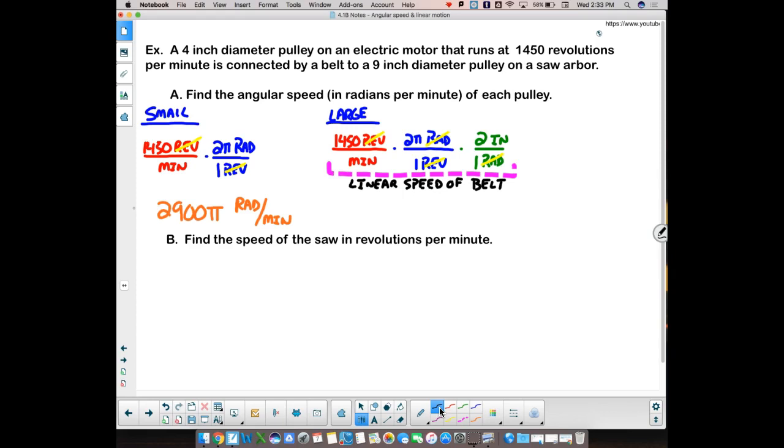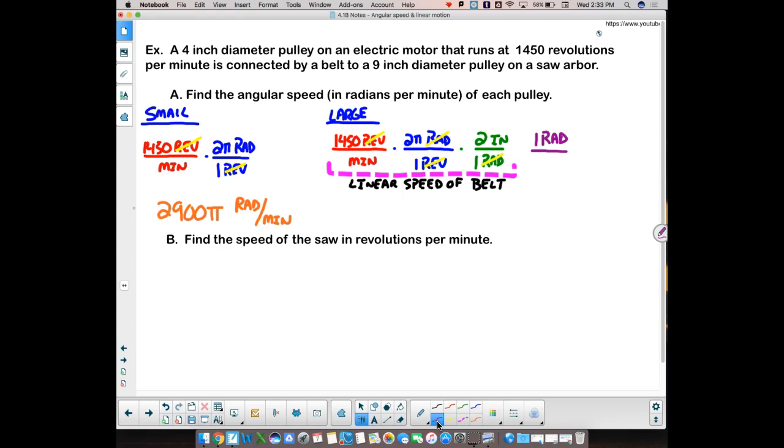Right? Now that belt is traveling from off of the small wheel to the large wheel, right? So now that's the linear speed of the large wheel. Correct? So I can turn that linear speed back into an angular speed by figuring out what the radius of the large wheel is.